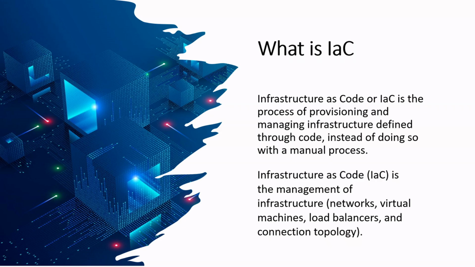Infrastructure as code, or IaC, is a process of provisioning and managing infrastructure defined through code instead of doing so with a manual process. Infrastructure as code is the management of infrastructure: network, virtual machines, load balancers, and connection topology.